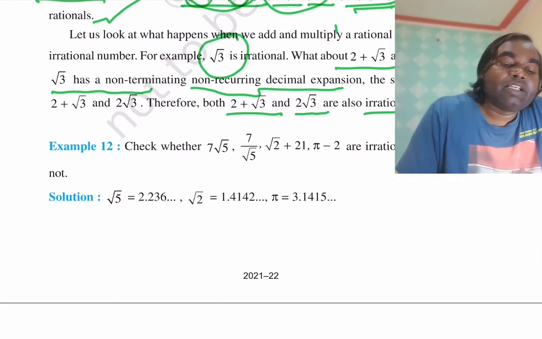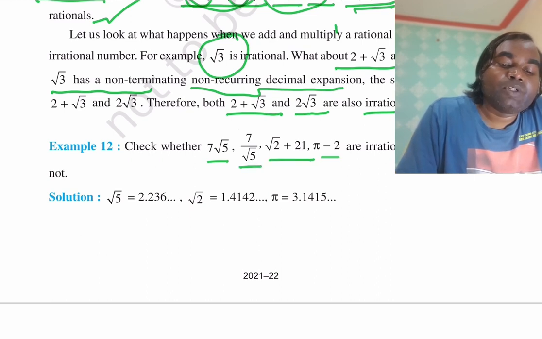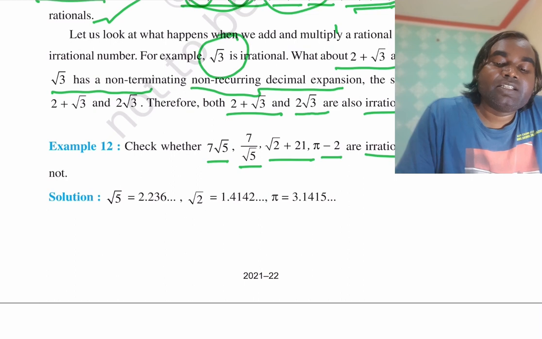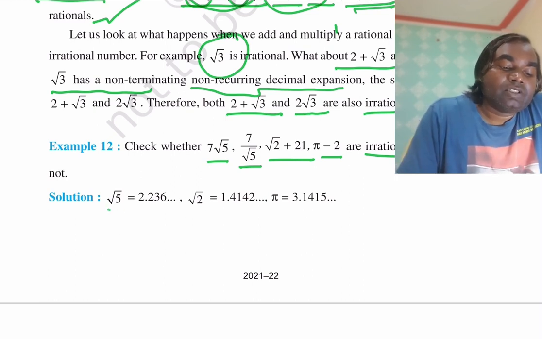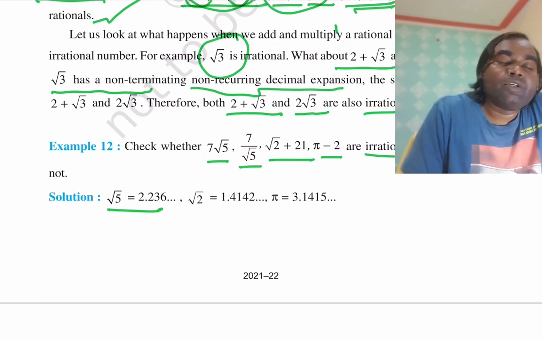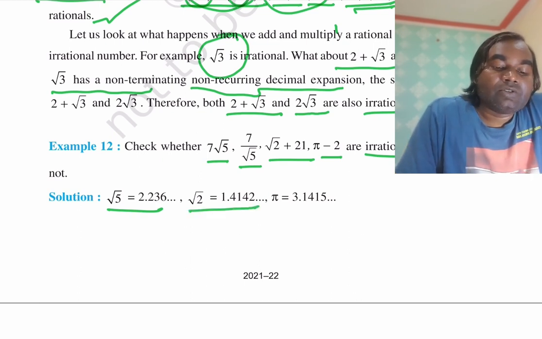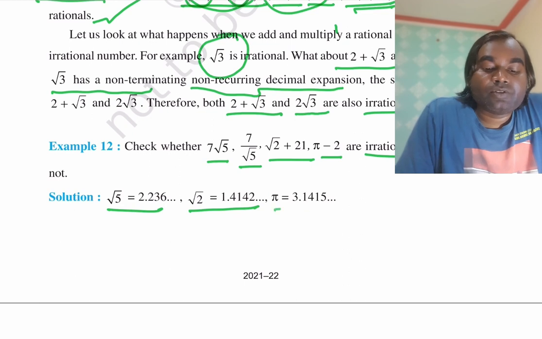Now check whether 7 into square root 5, 7 by square root 5, 2 square root 2 plus 21, and pi minus 2 are rational or irrational. You know that the square root of 5 is 2.236, square root of 2 is 1.4142, and pi is equal to 3.1515.